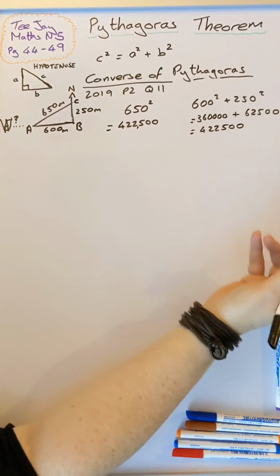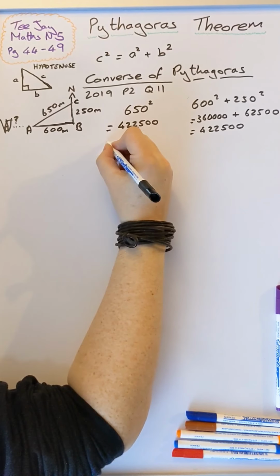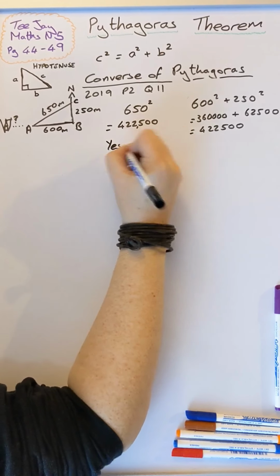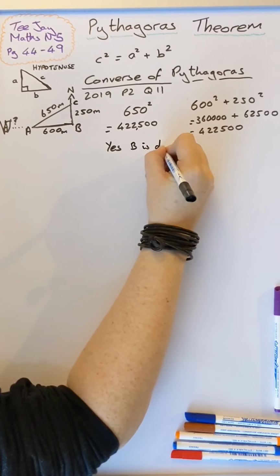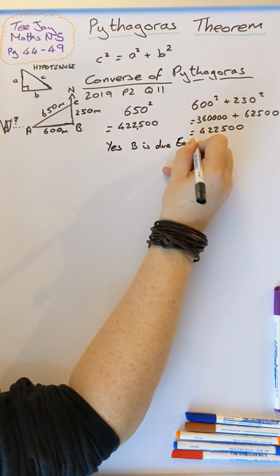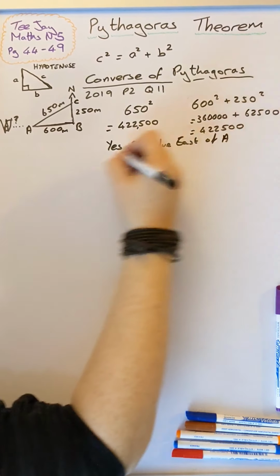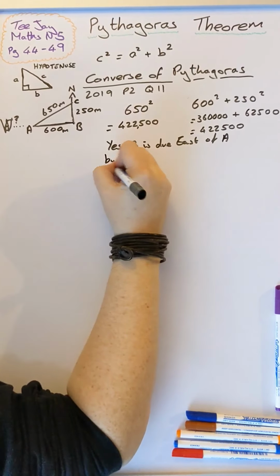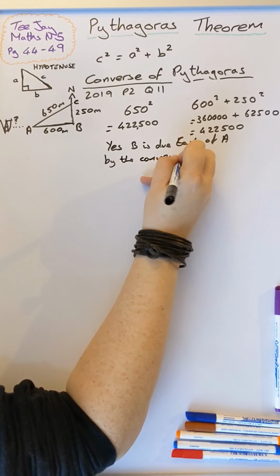And as you can see, they are the same. So we can say, yes, B is due east of A by the converse of Pythagoras.